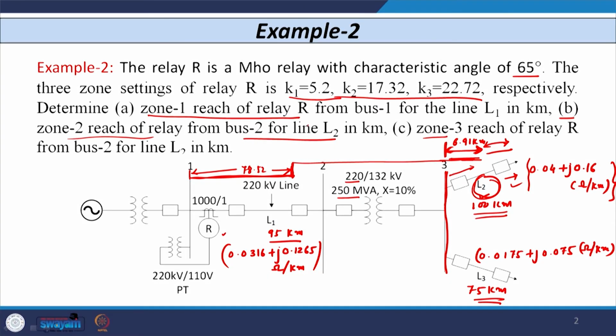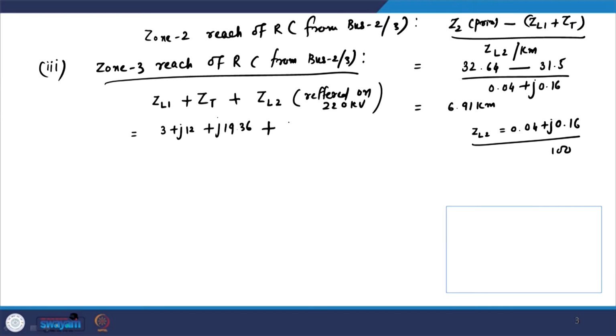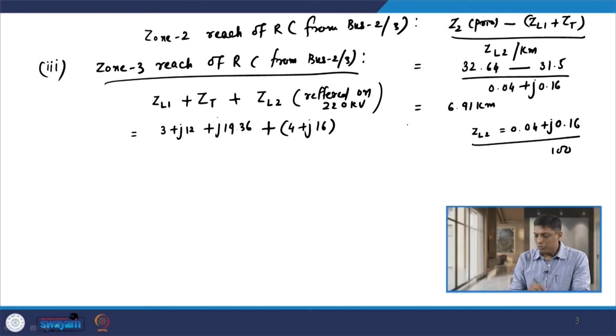So, the value on this side, if I consider ZL2, that is 0.04 plus j0.16 into the line length, that is 100. So, it comes out to be 4 plus j16. If I write it down here, it is 4 plus j16, and this value we need to refer to the 220 kV side.